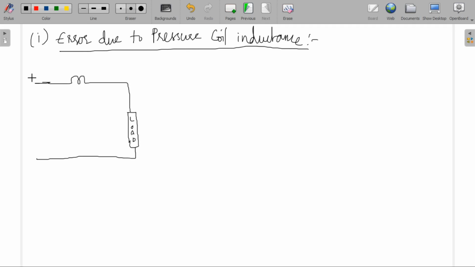Phase, neutral. Let V be the applied voltage. This is the pressure coil.